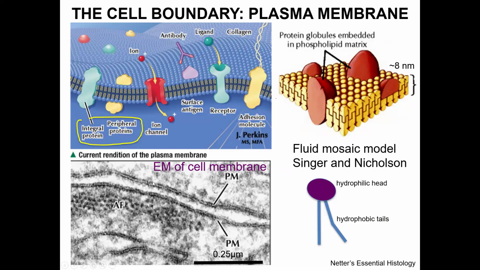In transmission electron micrographs stained with osmium tetroxide, the osmium tetroxide binds to the phosphorylated heads of the phospholipids and generates this structure. You see two dark lines that are less stained in the middle, and this is what's called the trilaminar unit membrane.